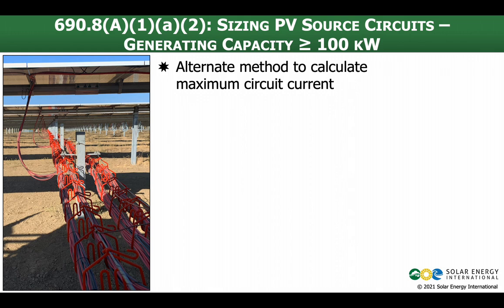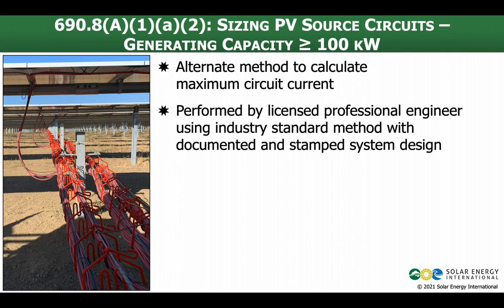Again, want to maintain system safety, but this is an opportunity to reduce costs a little bit. It has to be performed by a licensed professional engineer, and they have to use an industry standard method. They've got to document it, and this calculation has to be part of the system design that is stamped by the engineer, submitted for a permit to the authority having jurisdiction.